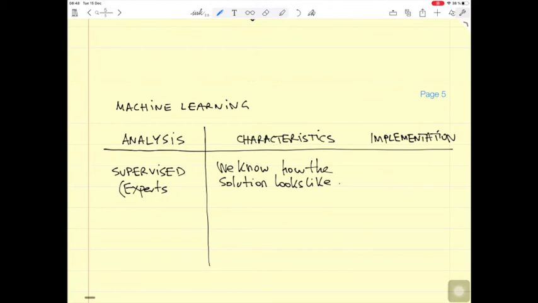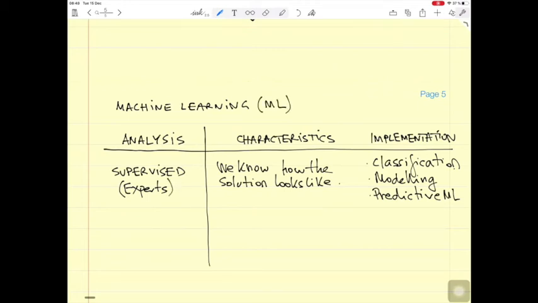We don't know the solution, but we know how it looks like, and this is done in classification, modeling, and predictive ML, predictive machine learning, when we want to predict certain future behavior.